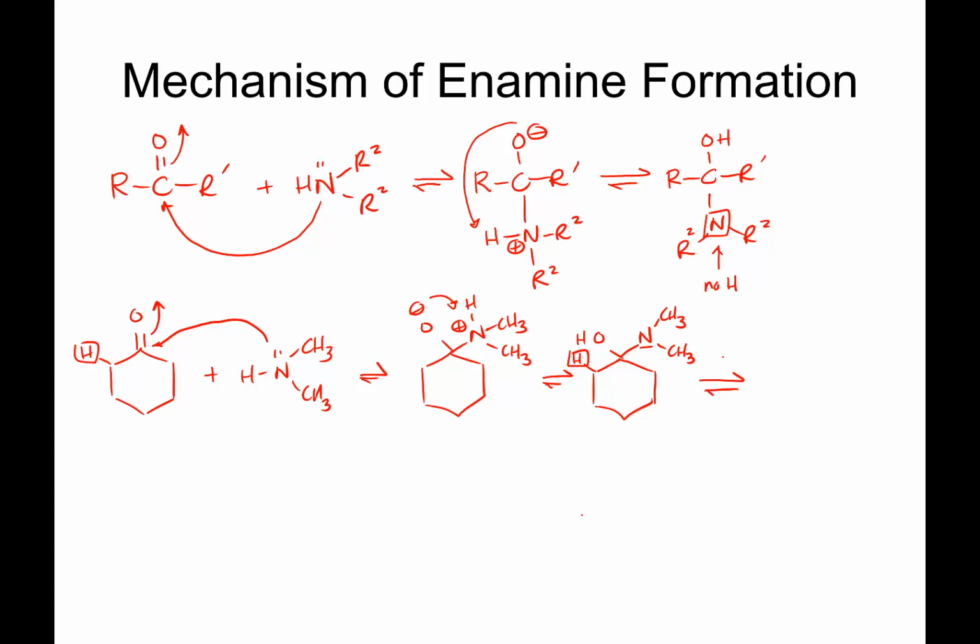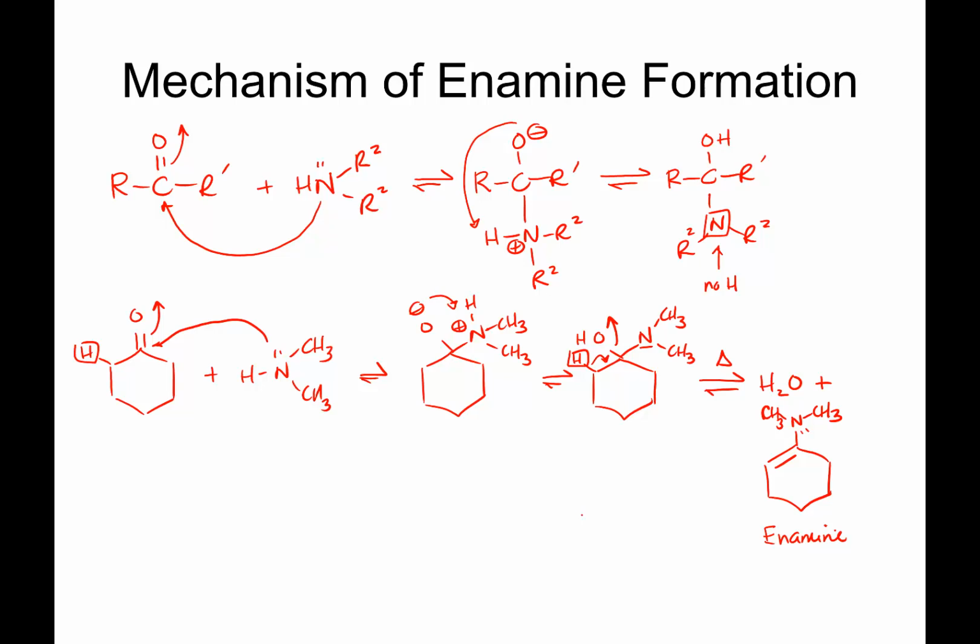So under the presence of the heat, I'm going to lose that H and OH, so I'm going to form water, and now I'm going to form the double bond to the carbon that was next to the carbonyl group in the original molecule. So that's how I form my enamine.